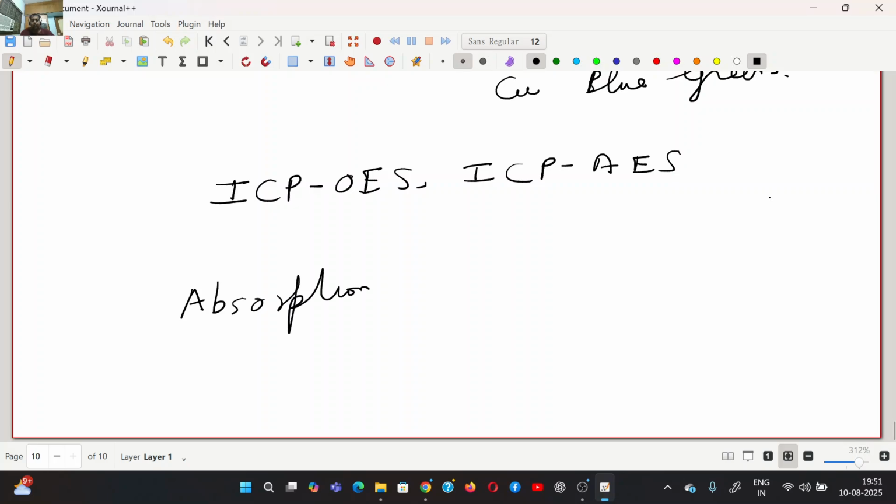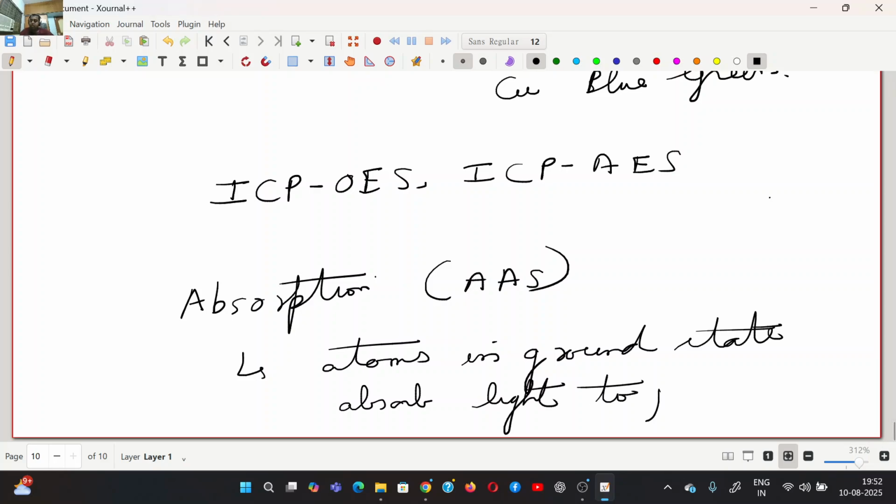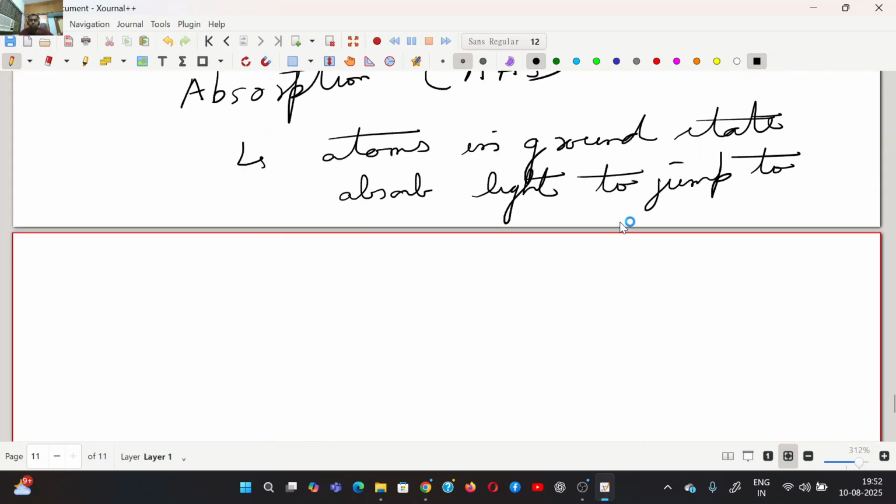In the case of AAS, atoms in the ground state absorb light to jump to higher energy levels. So that's the difference between these two.